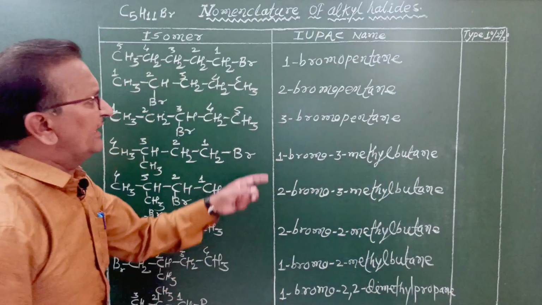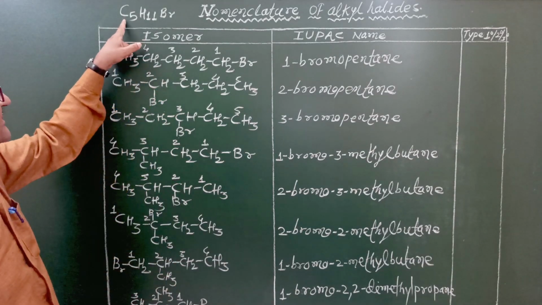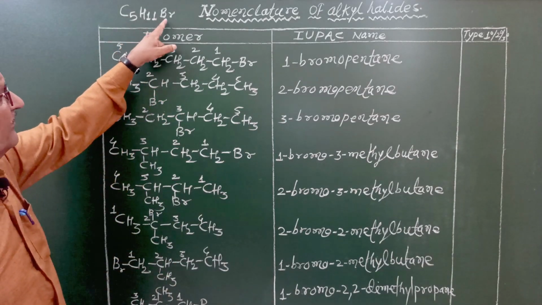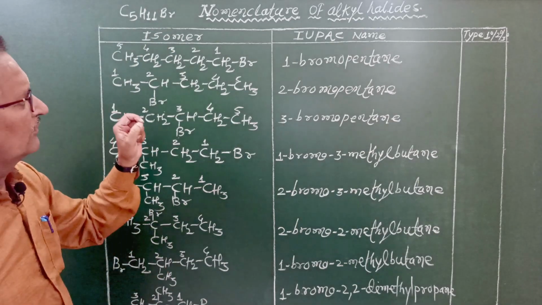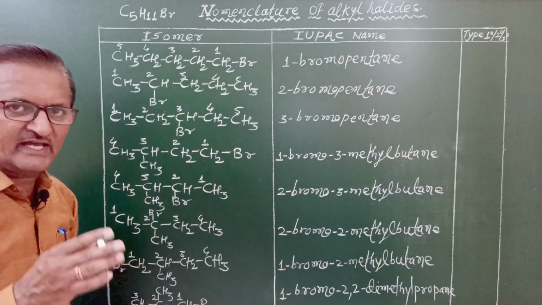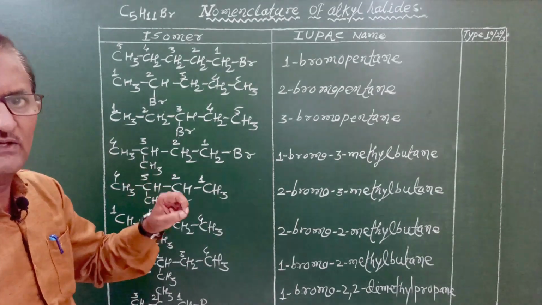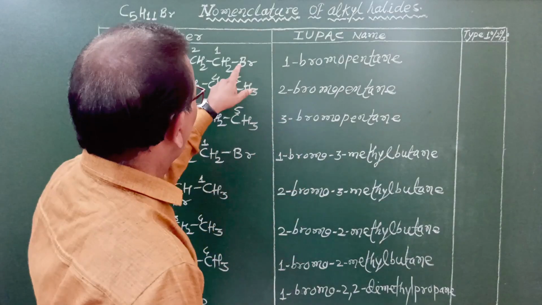So this is regarding the IUPAC names of different isomers of molecular formula C5H11Br. Now we have to identify these different isomers as primary, secondary or tertiary, 1 degree, 2 degree or 3 degree. Now let us see.